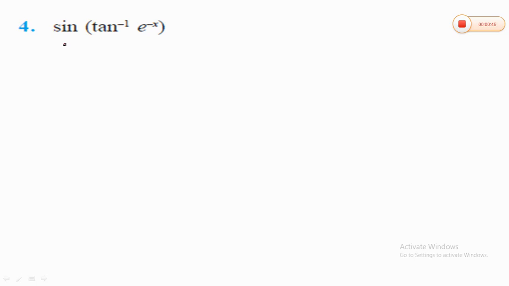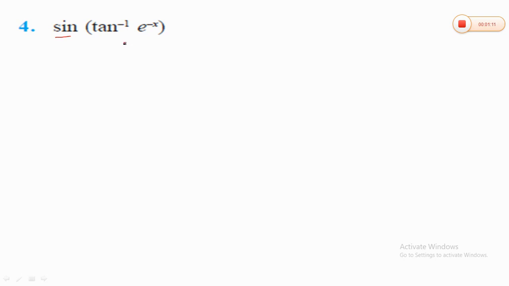So therefore, first we differentiate this according to the chain rule. First we have come across sine, the derivative of sine is cos, and remaining things. And similarly, the derivative of tan inverse is 1 upon 1 plus f(x) bracket square.